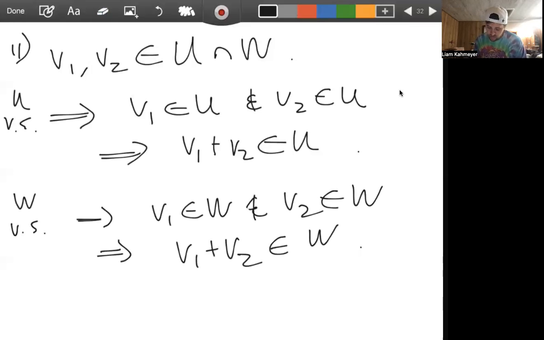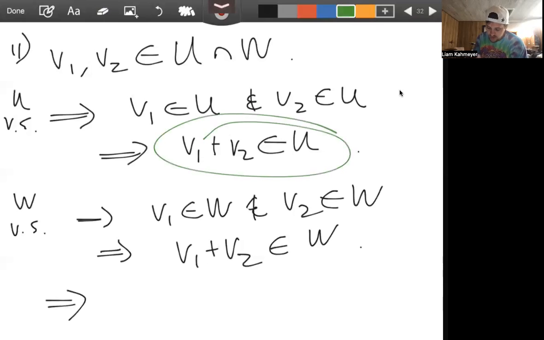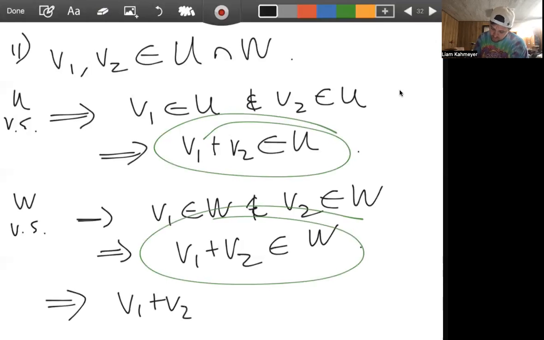Since this is also in W, we've now seen that the sum V1 plus V2 is in U and it's in W, which implies that V1 plus V2 is an element of the intersection, right? So we've shown that the intersection of two vector spaces is closed under vector addition.